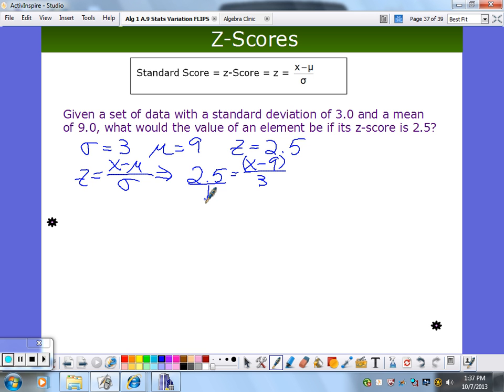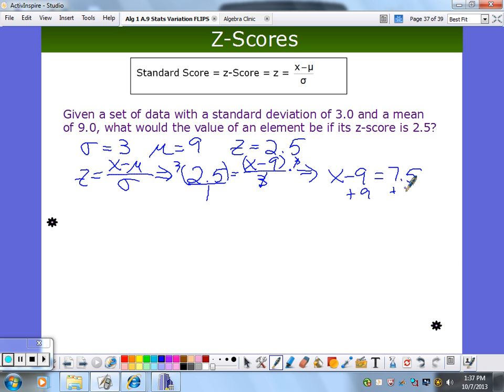Well, I'm thinking cross product just because it might be easier to see. So x minus 9 equals 3 times 2.5. Or you might be able to see that you can multiply both sides by 3 because that will cancel this out. What's 3 times 2.5? 7.5.